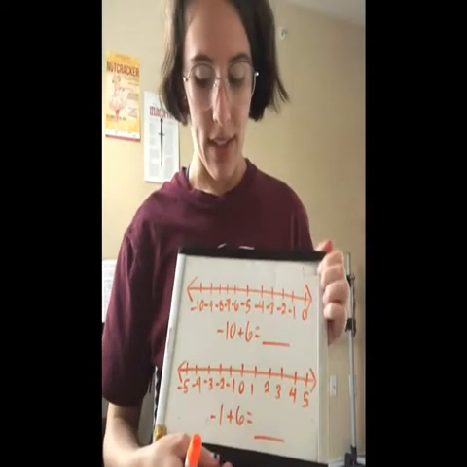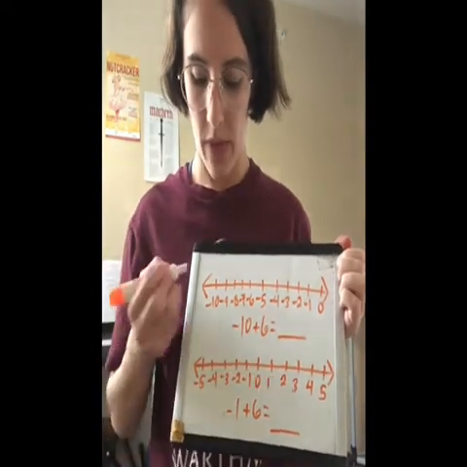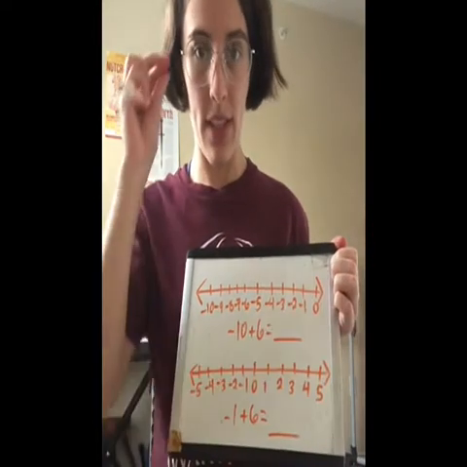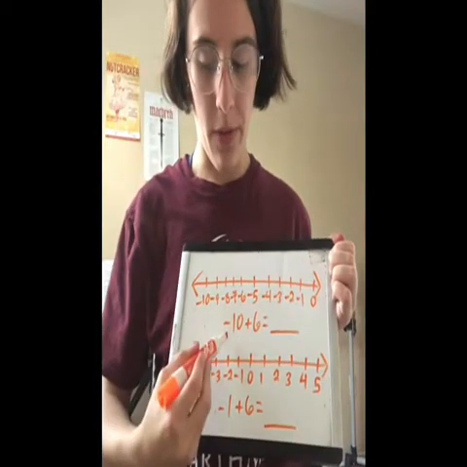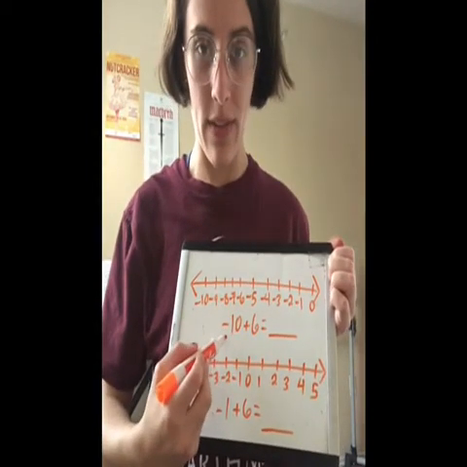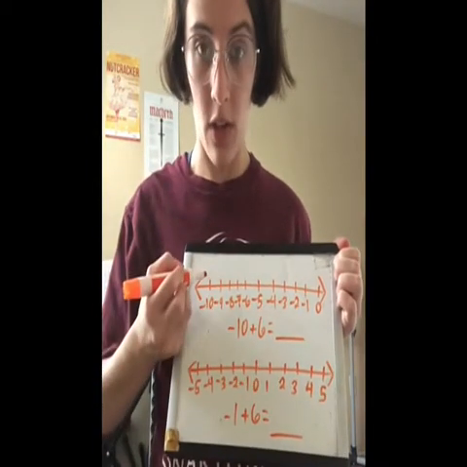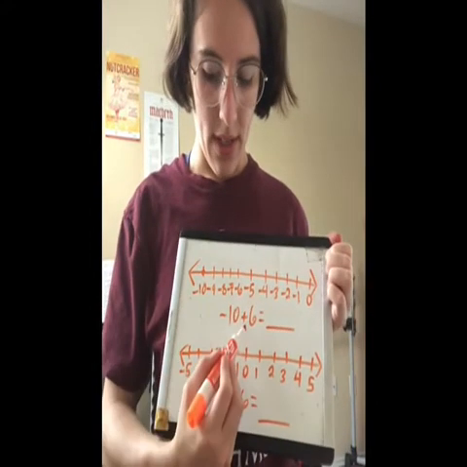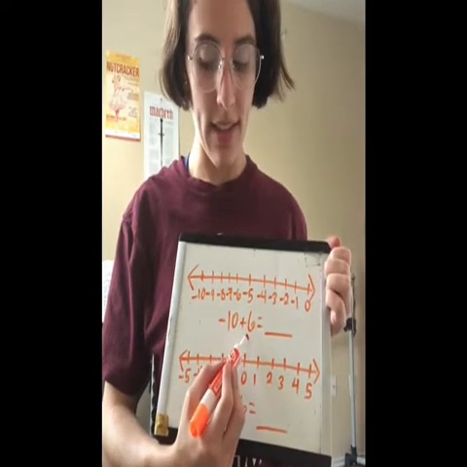Now let's do some practice with negative numbers. So the first number line only has negative numbers on it, as you can see. Now, the first number we have here is negative 10. That means we're going to start our bunny hops on negative 10. Next, we have plus 6.